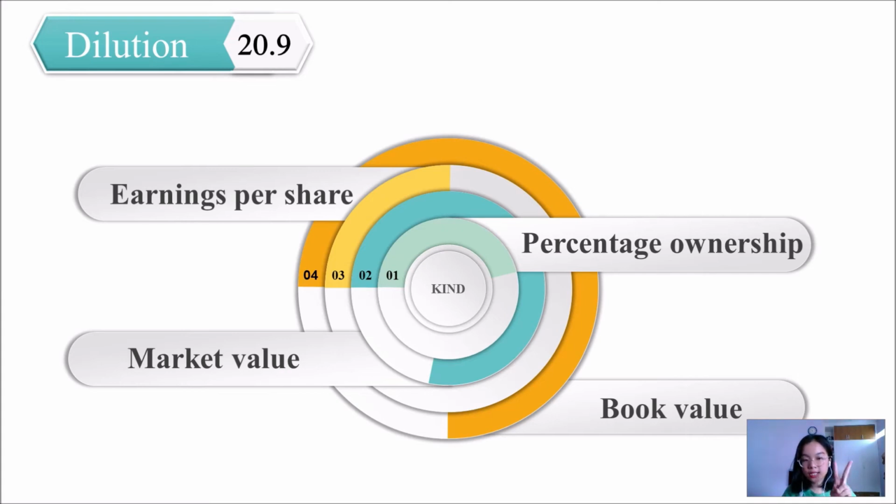The second type is market value. This is when the firm accepts negative NPV projects. The third kind is earnings per share. It may decline even with positive NPV projects, at least in the short run. And the last type is book value. This occurs when market to book value is less than 1.